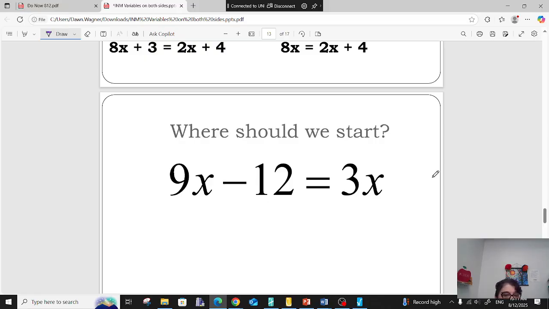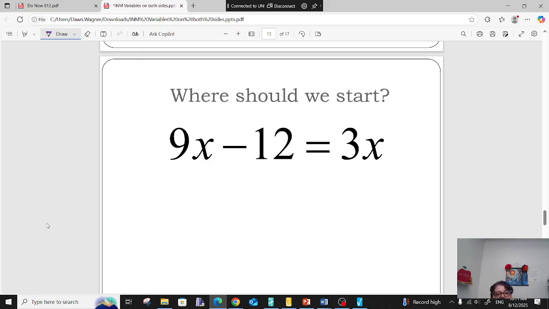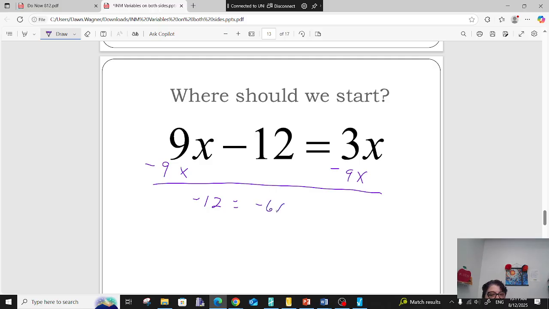You could add 12 to both sides and then just move the 12 over here and then bring the 3x over, but you're just adding more steps. So the most efficient way to do this problem would be to start with the side with the more and subtract the 9x. And then this is negative 12 equals negative 6x.